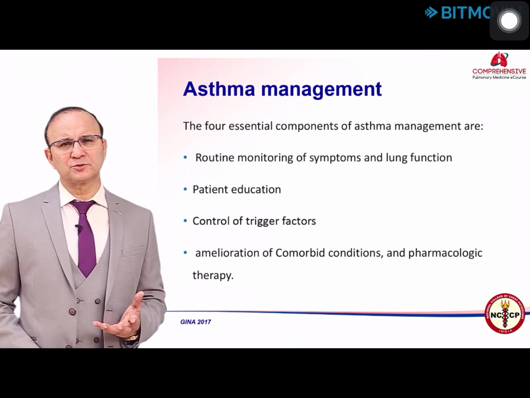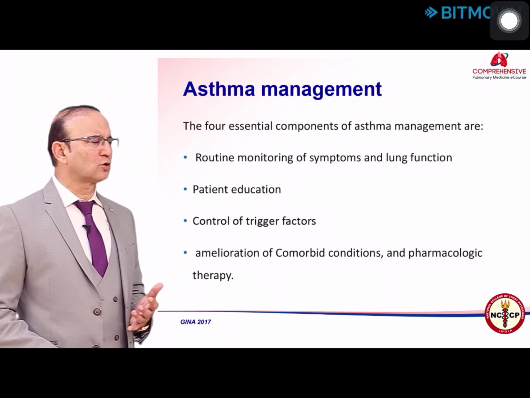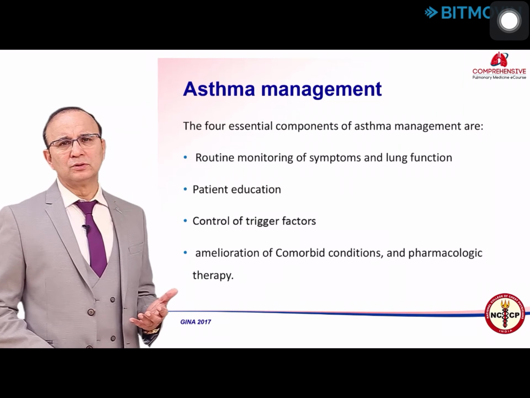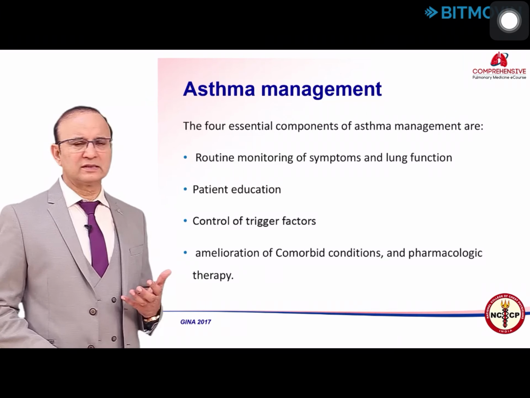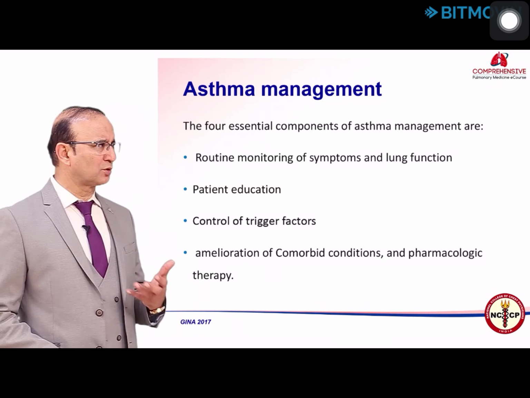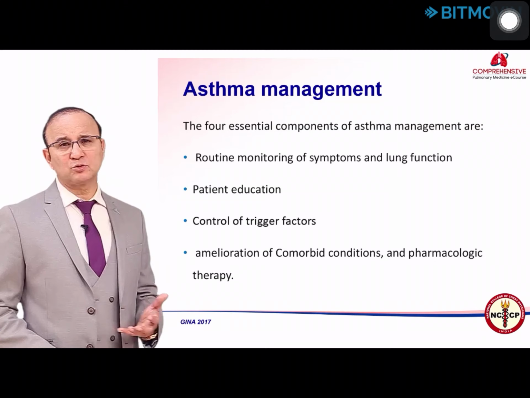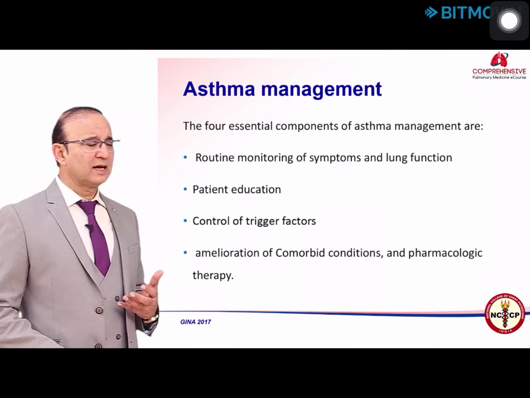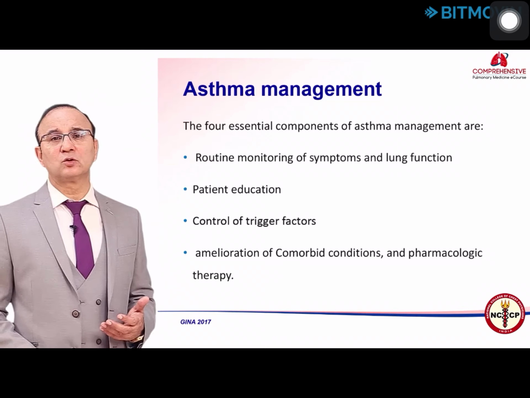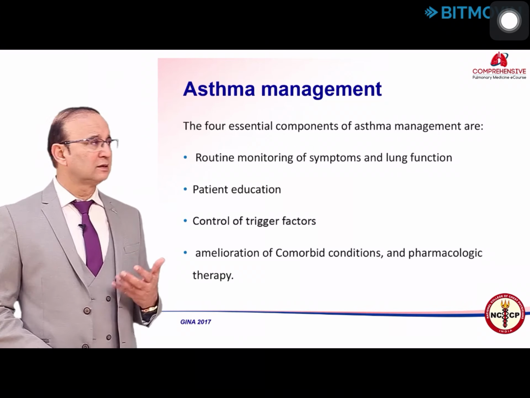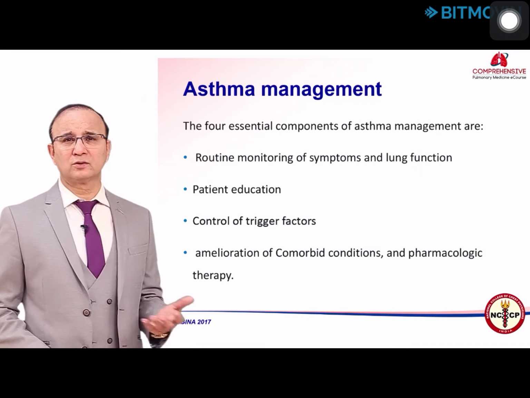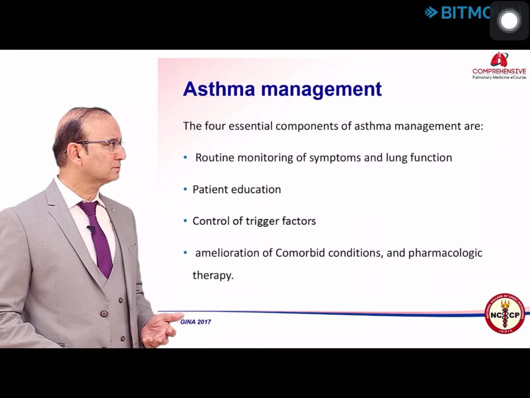So asthma management has 4 components. One is that you need to routinely monitor the symptoms and lung function occasionally. Patient education is very important. You need to control the triggering factors, and you should also take care of the comorbid conditions, and you have to give them pharmacological therapy for the control of their symptoms.